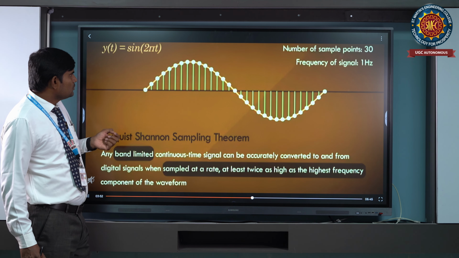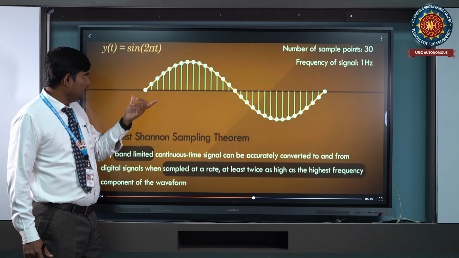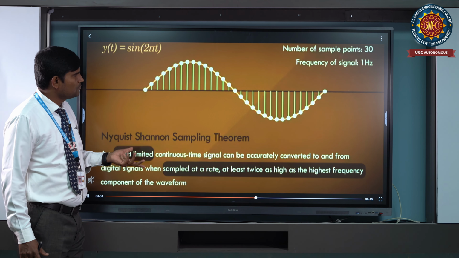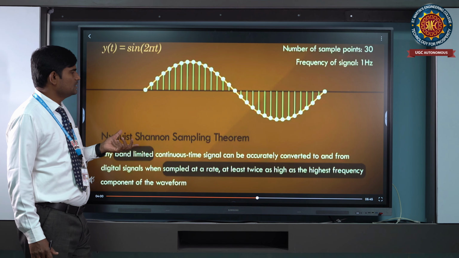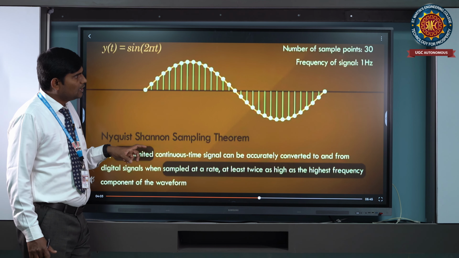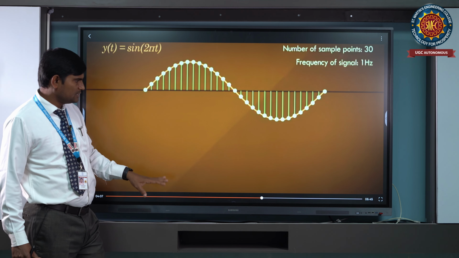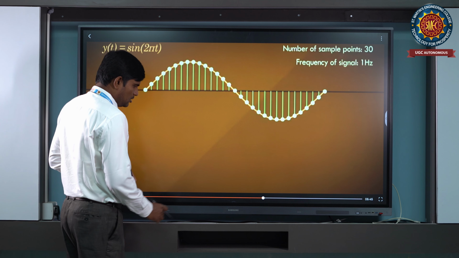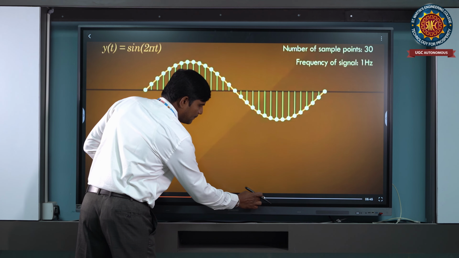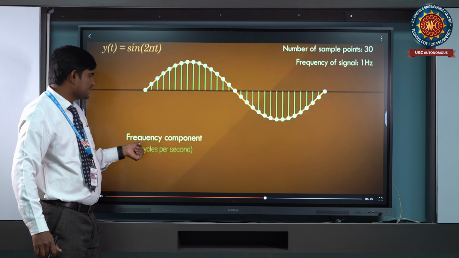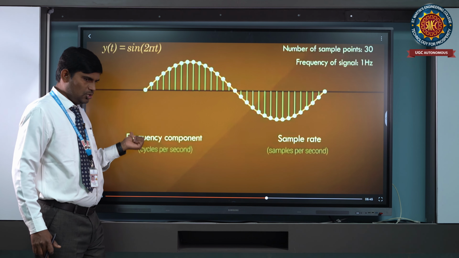Right. So for the 30 samples and frequency 1 Hz, if you increase the number of samples, the signal quality can increase. Here we are talking about the frequency of the signal in Hertz and the sampling rate in number. Frequency is cycles per second, which we know already.